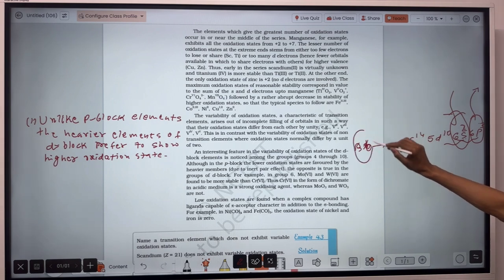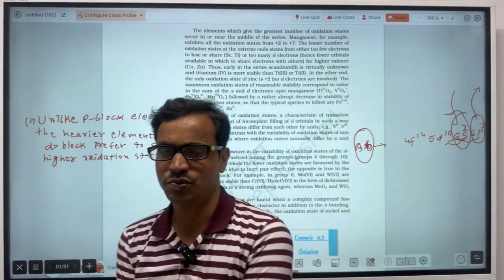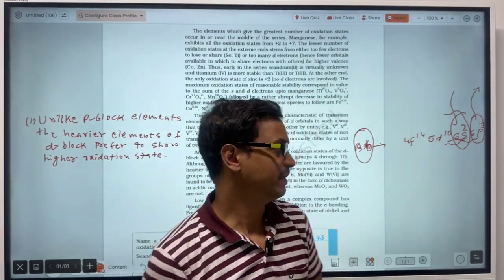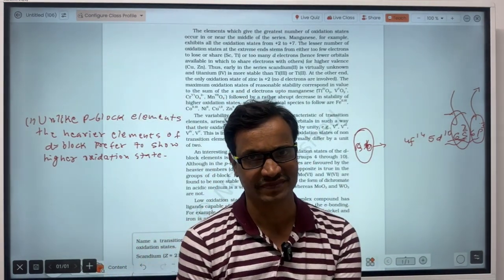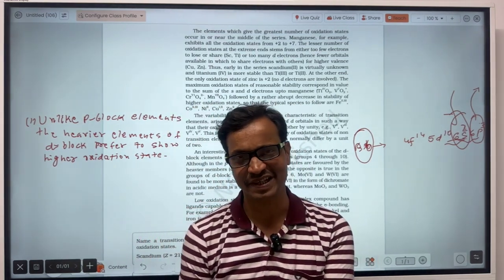So the heavier elements of p block prefer to show an oxidation state 2 units less than the maximum oxidation state shown by any element of that group. And this phenomenon is called the inert pair effect.